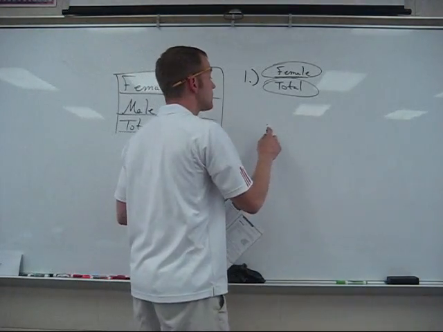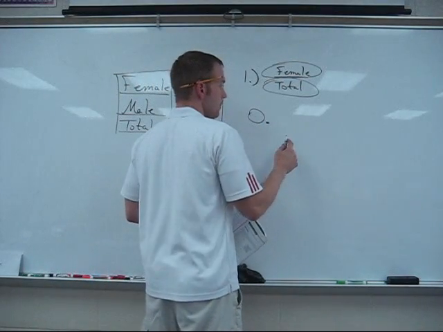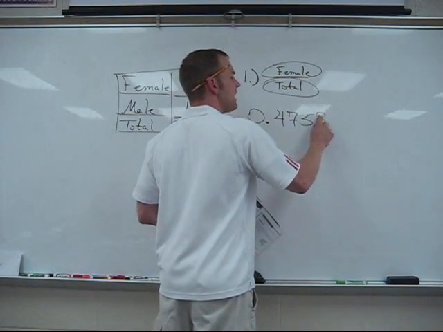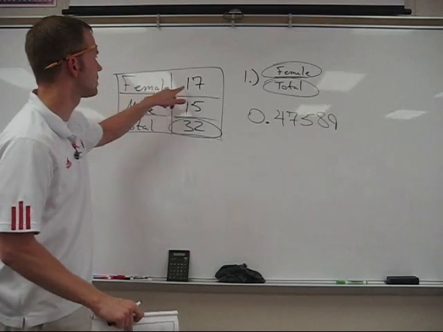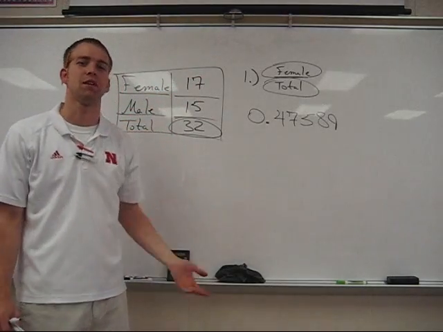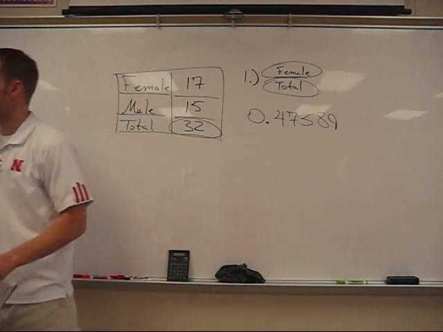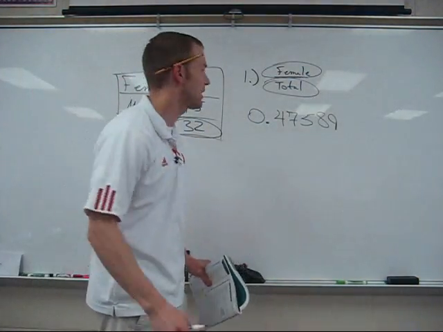But once you've divided this, I want to bring up one thing. This is not the answer, by the way. But if you got a number like 0.47589, and I know this can't be right, because there were more females to begin with, so there should be slightly more than 50% of the class female. But I'm looking at this, and it says 0.47589. Sorry, my phone's ringing there.